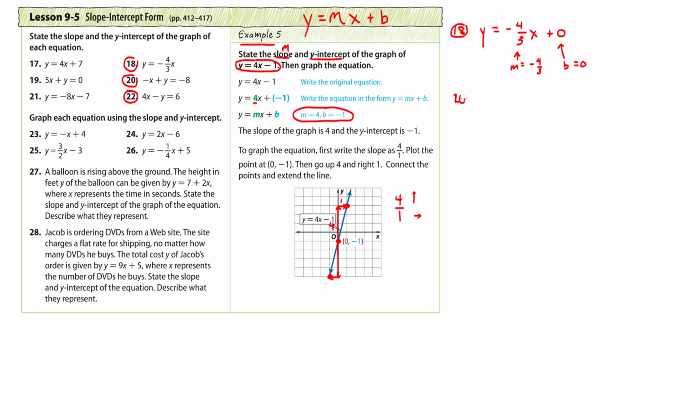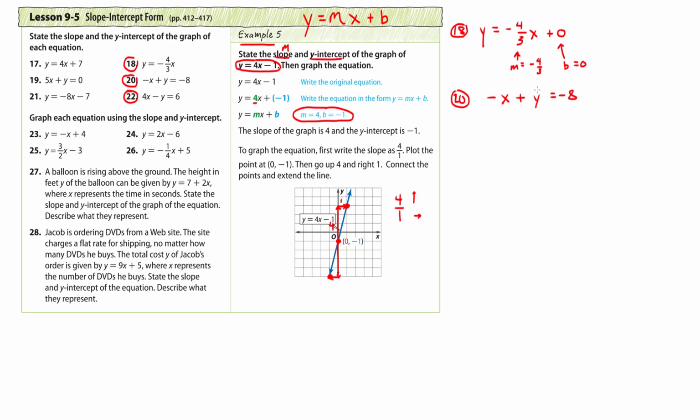Number 20 is not in slope-intercept form. Negative x plus y equals negative 8. Since this is not in slope-intercept form, I can't immediately identify those two. So I'm going to rearrange the equation to make it look like y equals.